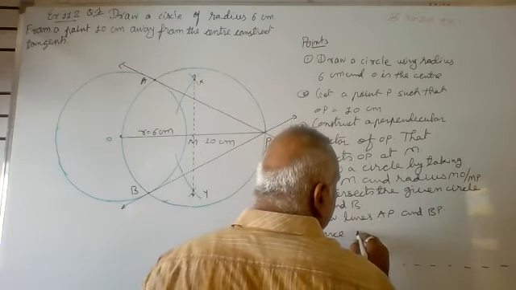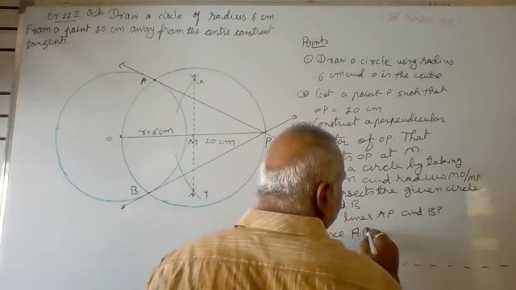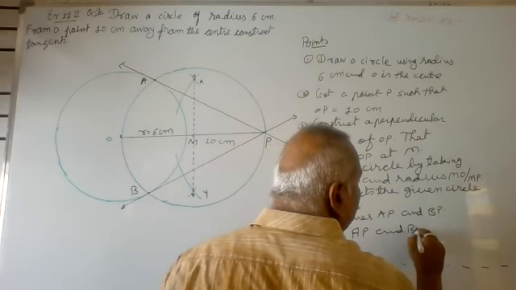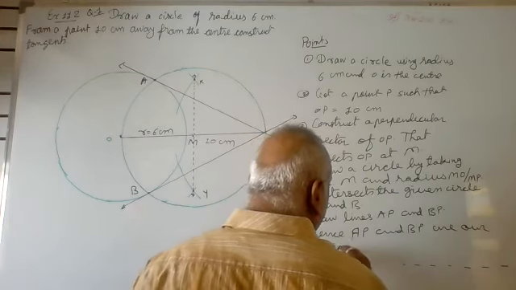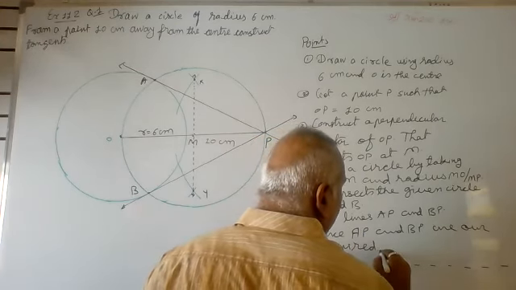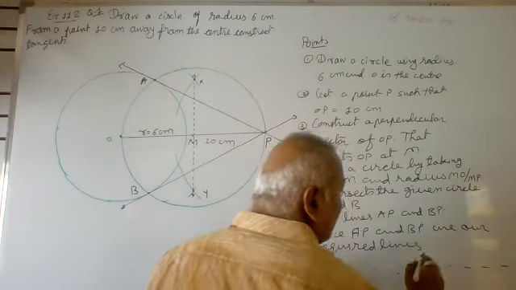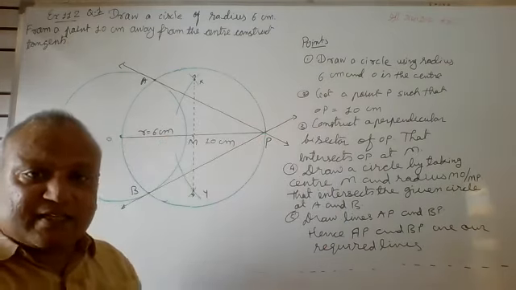Hence, AP and BP are our required lines. I hope you understand this construction.